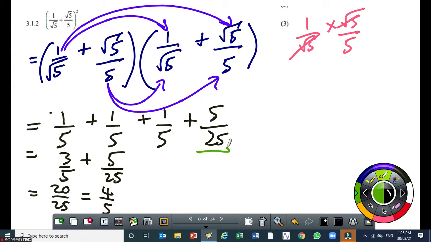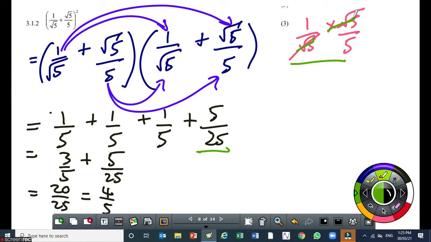I got 1 over 5, because square root of 5 times square root of 5 is 5. Then this one by that. I showed you here how to get the answer: 1 over square root of 5 times square root of 5 over 5. These two will cancel out because of multiplication.